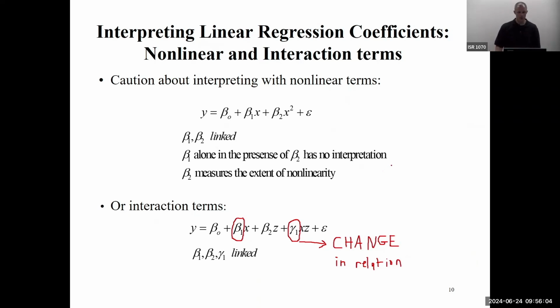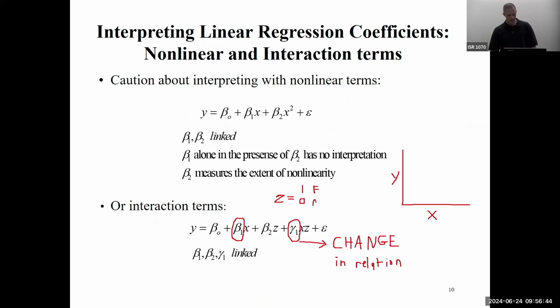So let's suppose in this case that Z is equal to an indicator variable for being male or female. If I were to plot that relationship, say between X and Y for different levels of Z, so again, going back to what I was just saying, beta 1, let's say that Z is 1 for females and 0 for males.